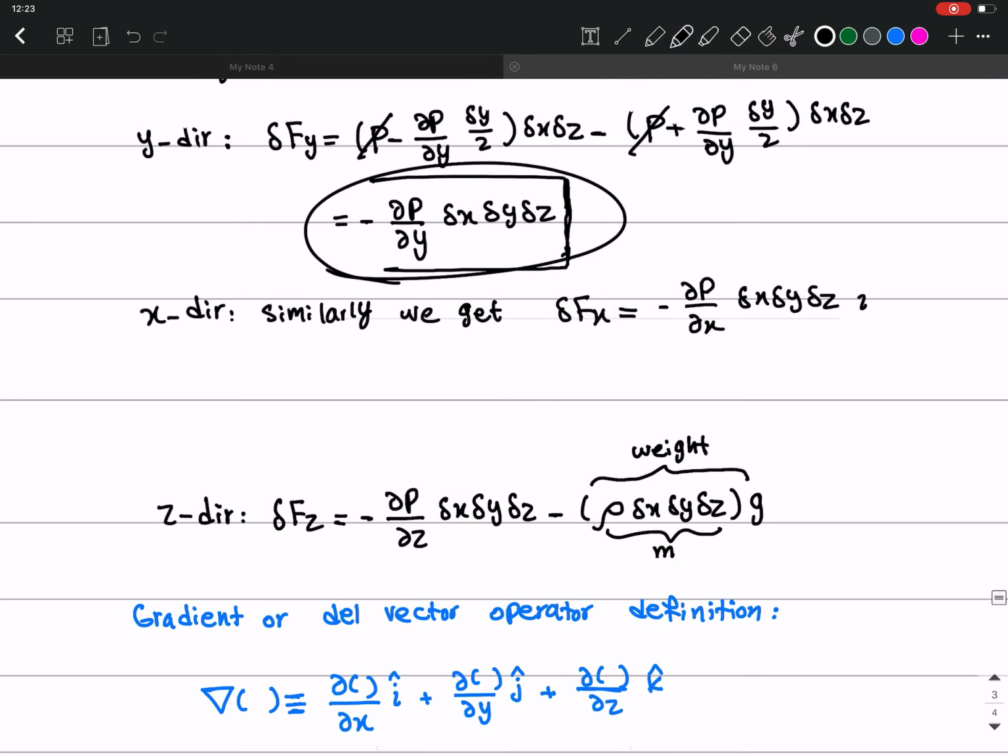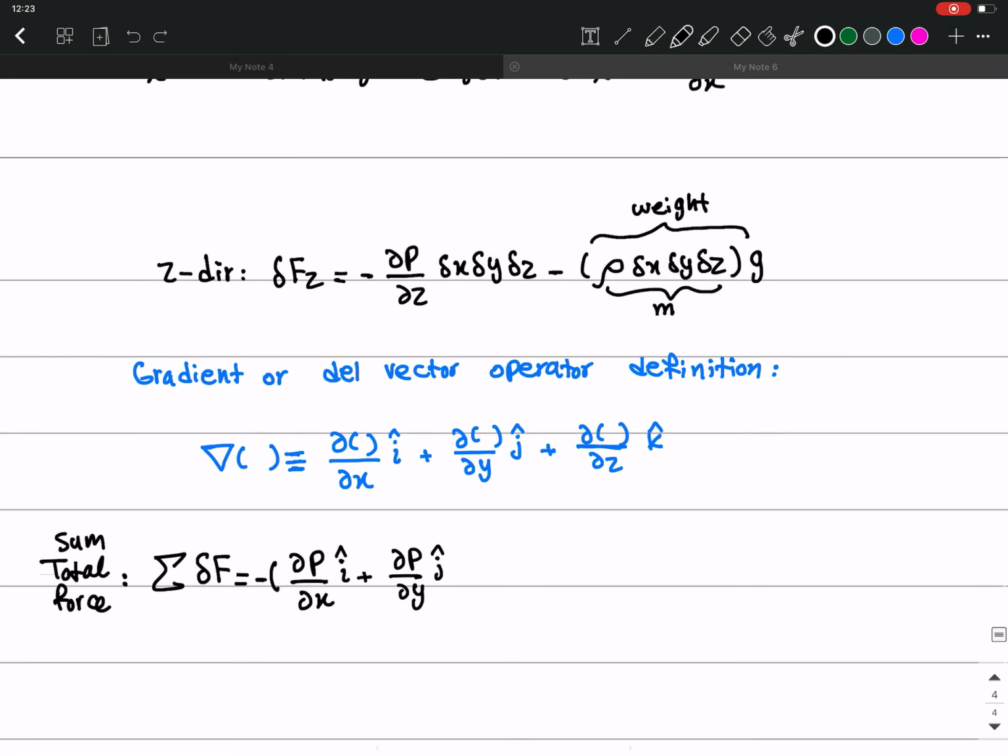And then plus this term, which is going to be partial p partial z in the k direction. And I have factored minus and also the volume of the fluid, which is delta x, delta y, delta z.